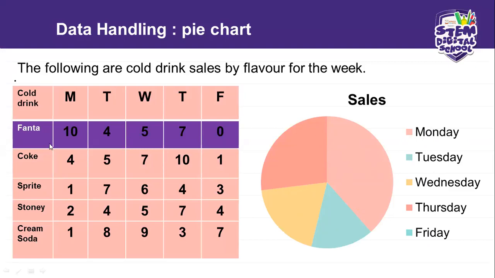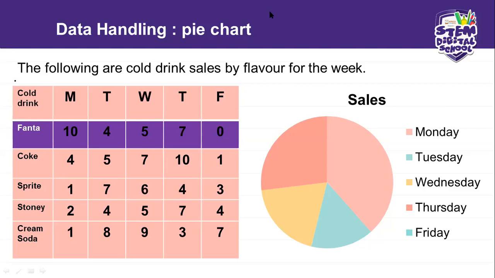If you can look at the table, on which day were the highest sales? Can somebody tell me on which day was the highest sale? When did we sell a lot of Fantas during the week?